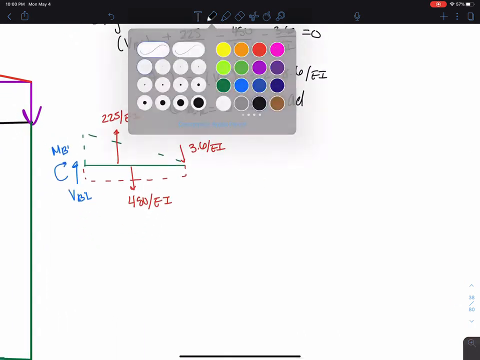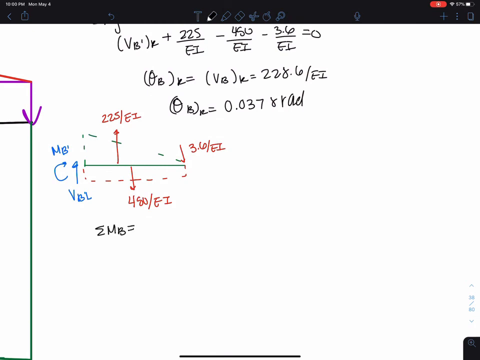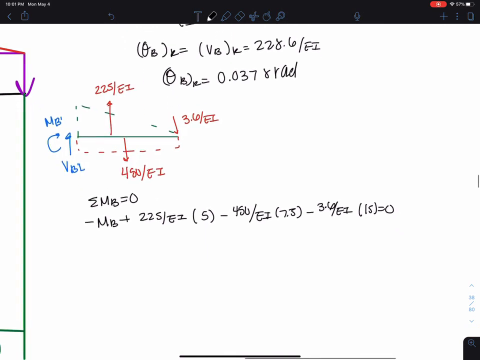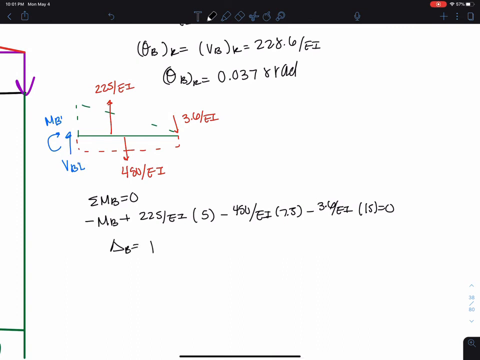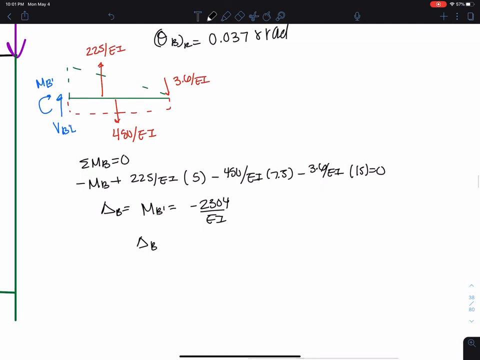Now we can sum our moments here. And then basically the internal moments now at B prime have to be the displacement of the pin. Because that's what we know about the conjugate beam, that was part of our theorem. So we can say now if we plug in EI, displacement at that point is negative 4.58 inches.